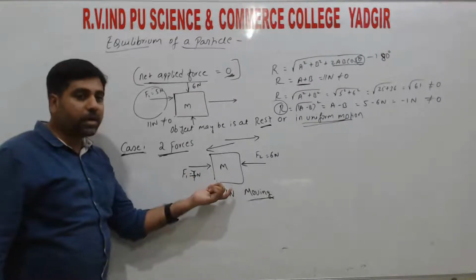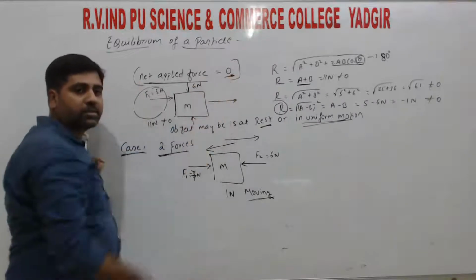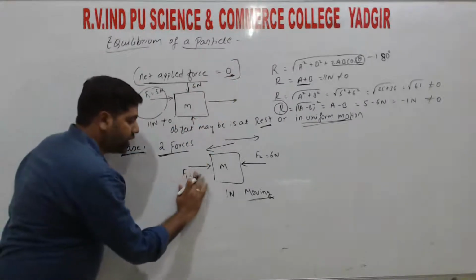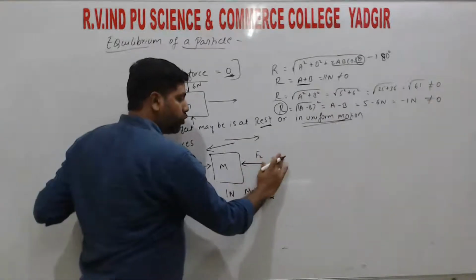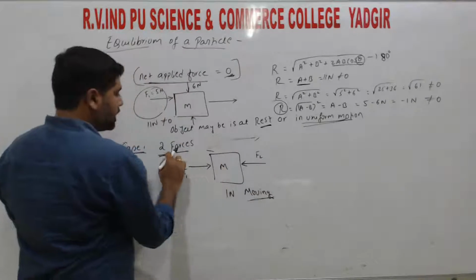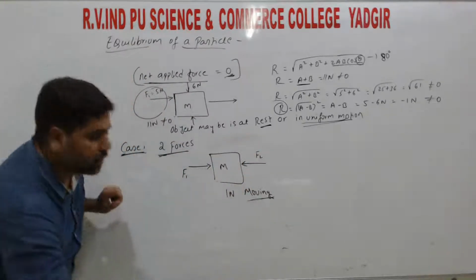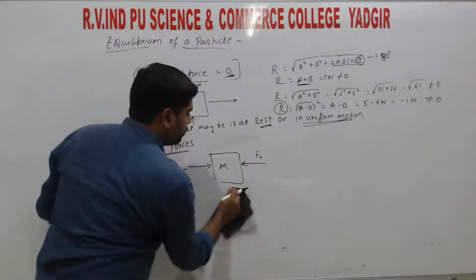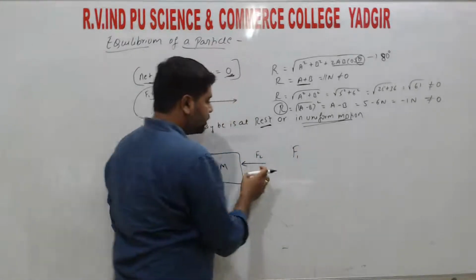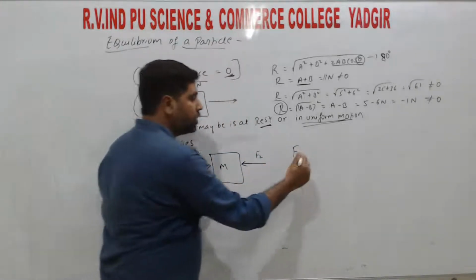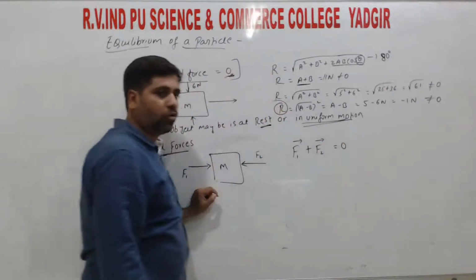So for equilibrium, what should the condition be? The net force acting on the object is 0, right? So here I am applying the two forces F1 and F2, and since only two forces are involved, we are discussing only two forces. So the net external force F1 plus F2 is equal to 0, right?